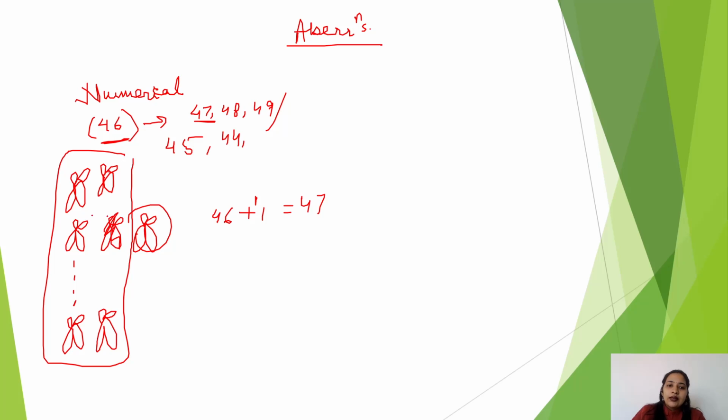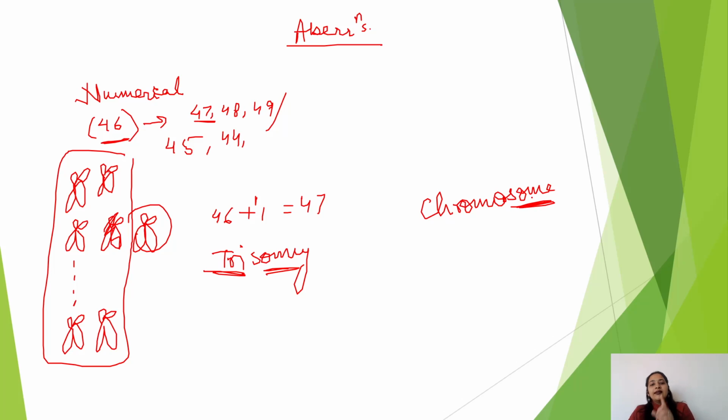If we have three chromosomes, it is known as trisomy. Why trisomy? Tri means three, so you are having three chromosomes in a pair. And somy is the suffix of chromosome, so one chromosome is extra. If we do not have this chromosome, we are left with only one chromosome in this pair, so it is known as monosomy.